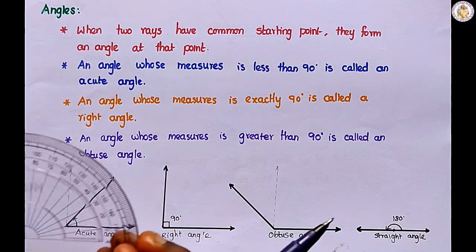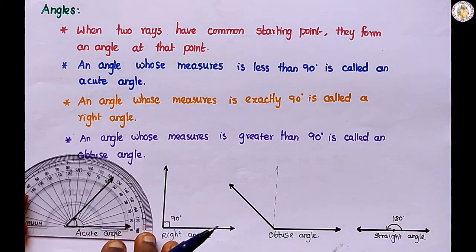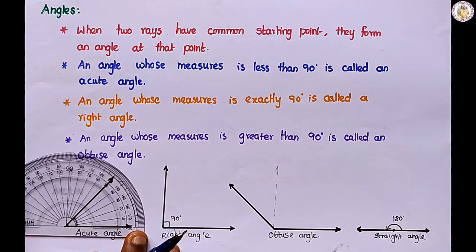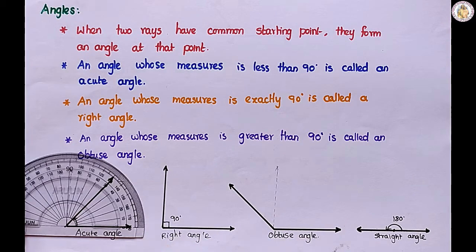Listen here, this is a protractor. Keep the protractor so that its center point is the starting point of the two rays. From here we read the protractor in the anti-clockwise direction, starting from 0.